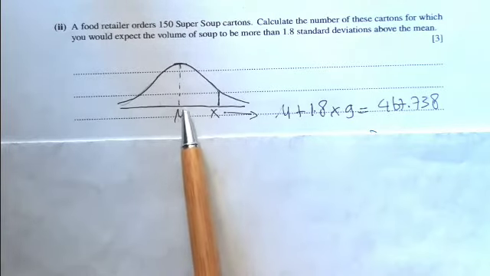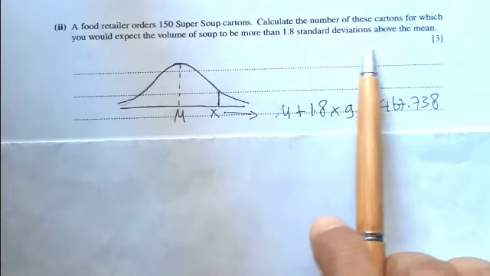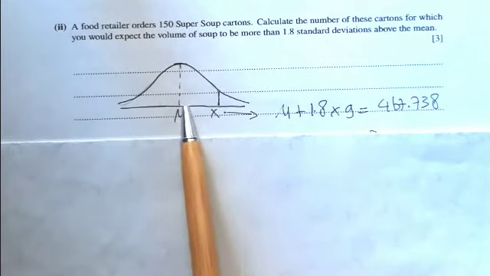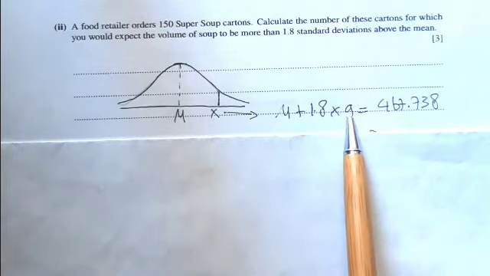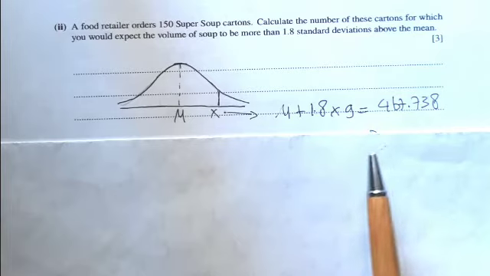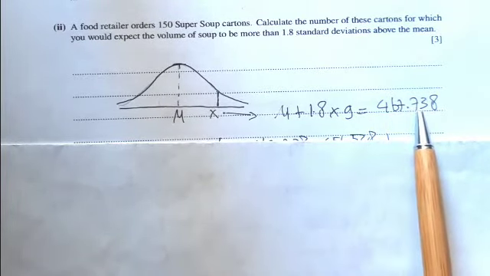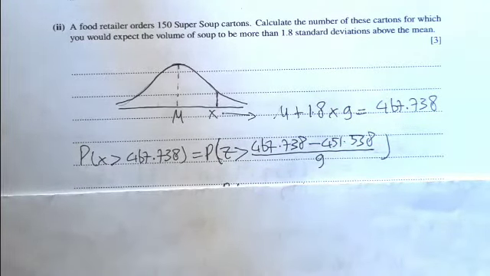First you have to find x, which is 1.8 standard deviations above the mean. This is x, that is the mean plus 1.8 times the standard deviation, 1.8 times 9. Thus x is 467.738.